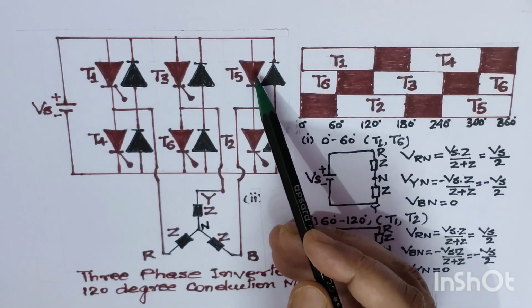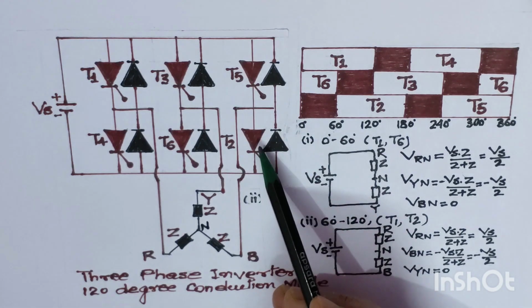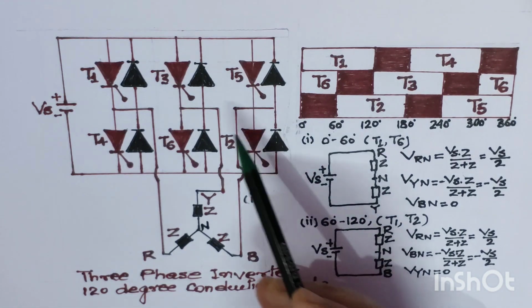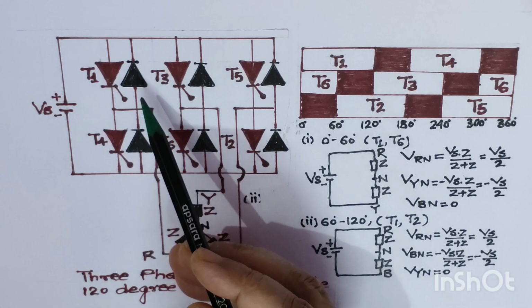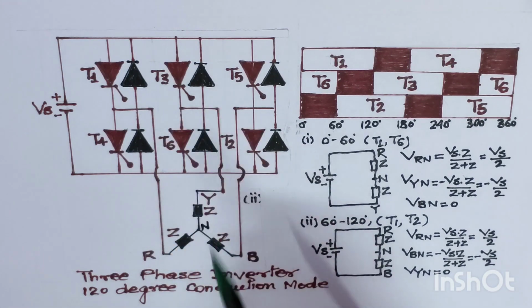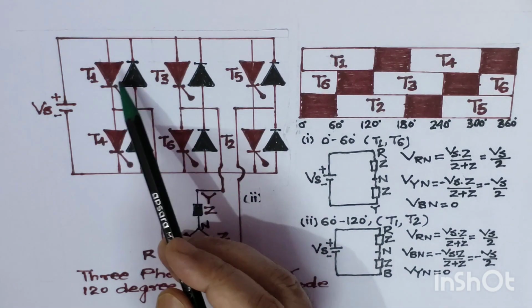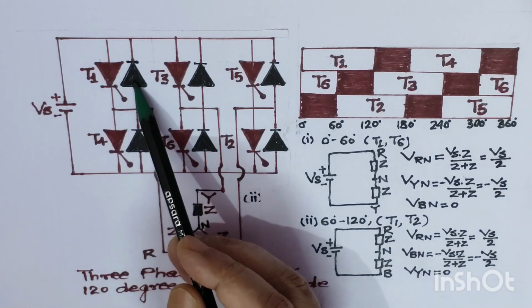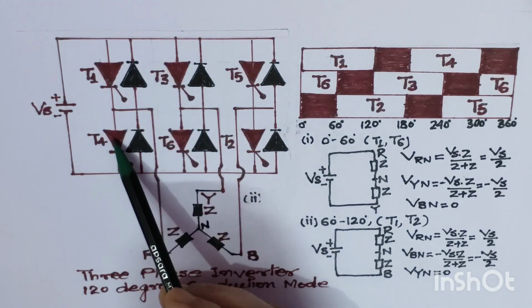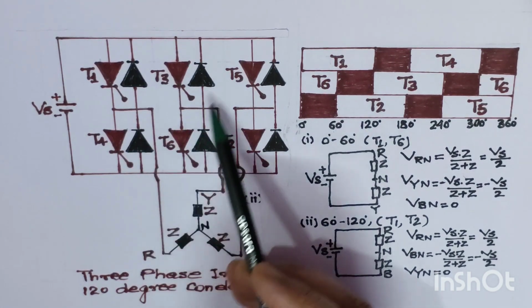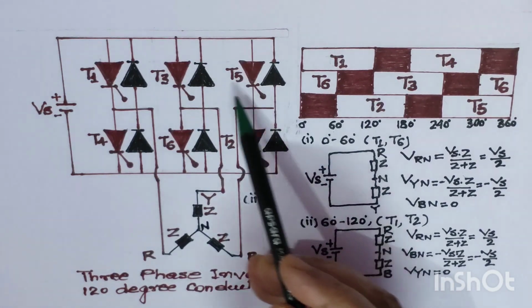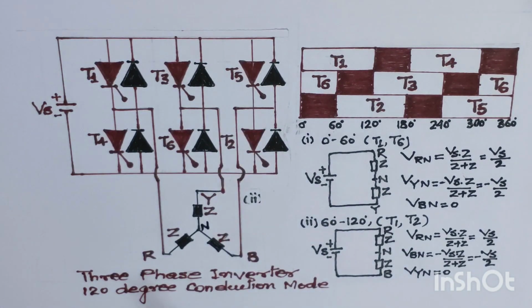And in the third leg, we have thyristors T5 and T2. It should be remembered that all the thyristors are connected with an anti-parallel diode. Just see, this thyristor is connected with this anti-parallel diode, and this thyristor is connected with this anti-parallel diode. In the same way, all diodes are connected in anti-parallel.